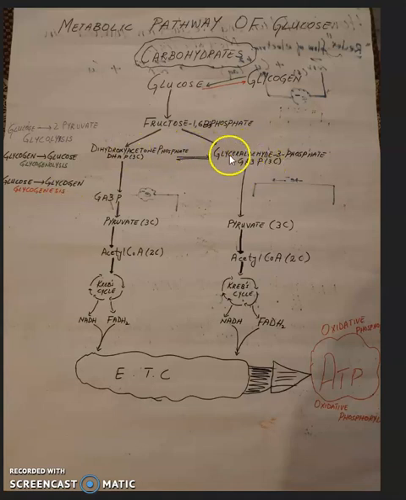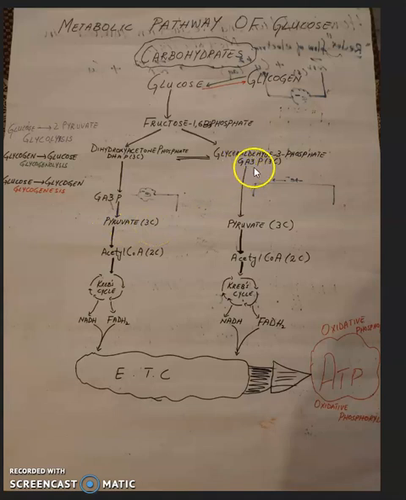And these two compounds are isomerized to each other, like this compound converts into this and this one is converting into this. What happens to this compound is, you can see, it is the isomeric form of this compound, and it's converting into pyruvate, which is a 3-carbon compound.